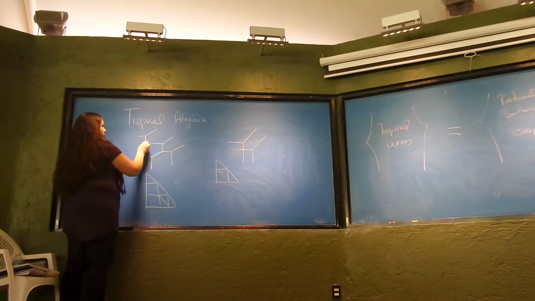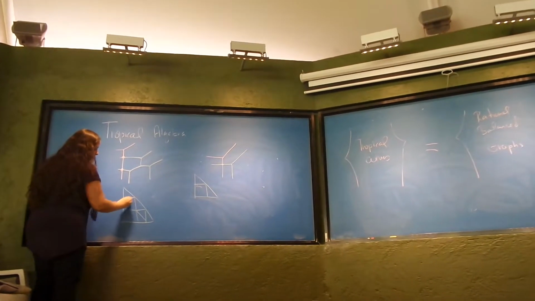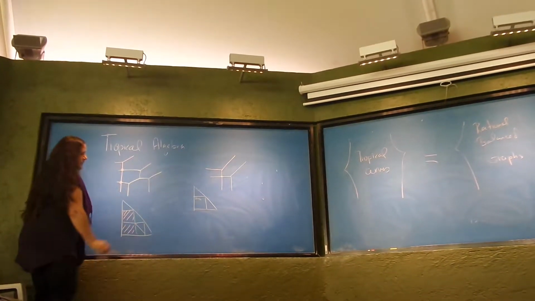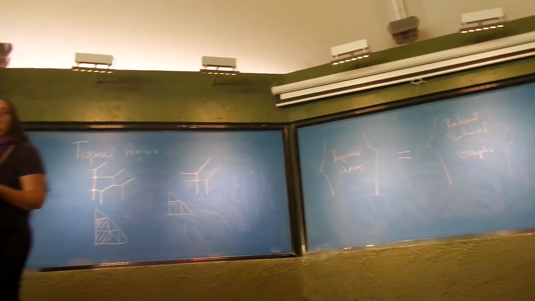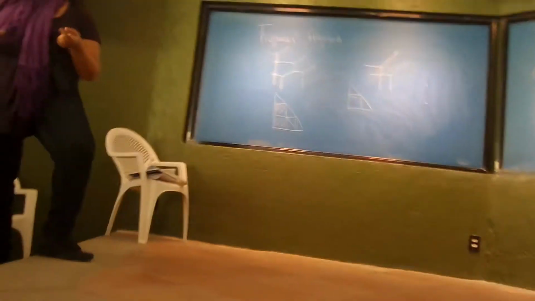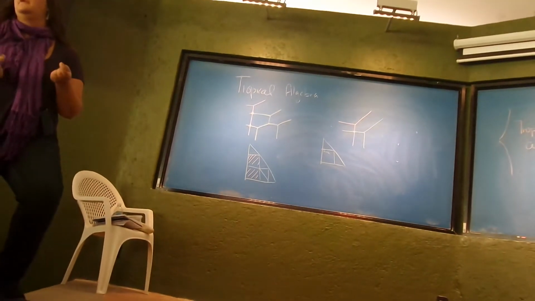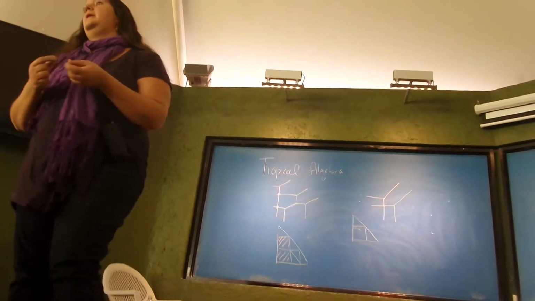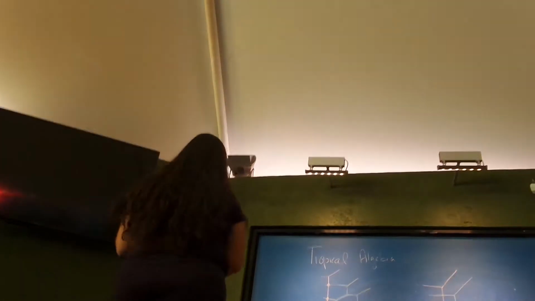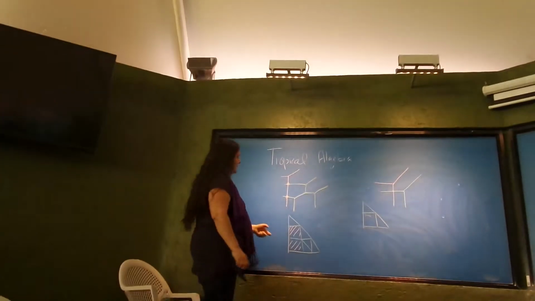That's where the intersections are, these two squares, and the area of each one of them is 1. The conic and the line intersect in 2 points with multiplicity 1 each of them, so the conic and a line intersect with multiplicity 2. And this can be extended.